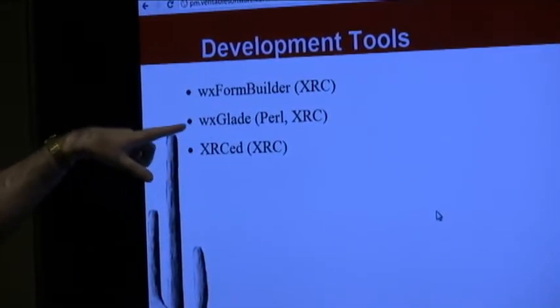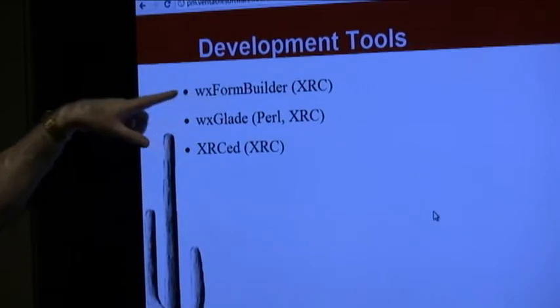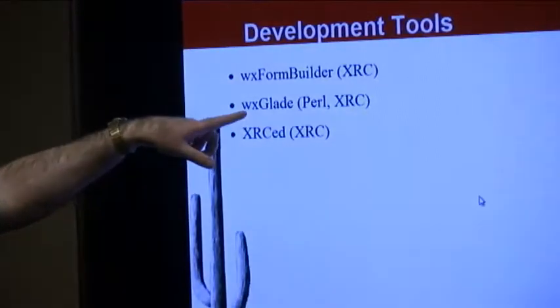I used to use wxGlade, but lately it seems like FormBuilder is the one that's got the consensus that most people use. I like both. Either one of them is a good choice. Actually, I still use wxGlade some.